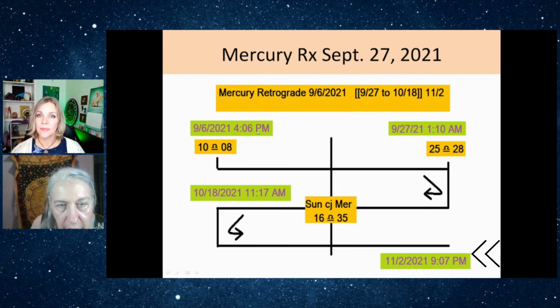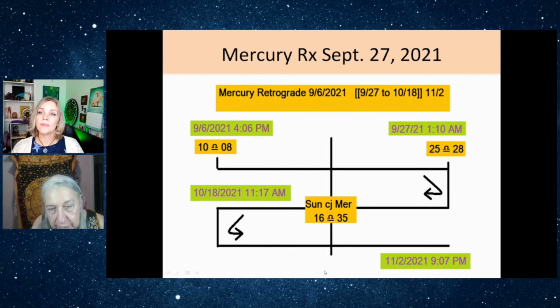So here you can see the whole thing, when it starts, when it goes retrograde, when it goes direct here on October 18th, and when it finishes up its cycle and moves out of the retrograde degrees on November the 2nd.